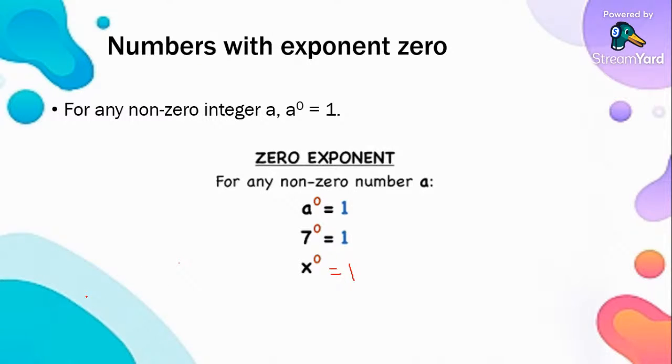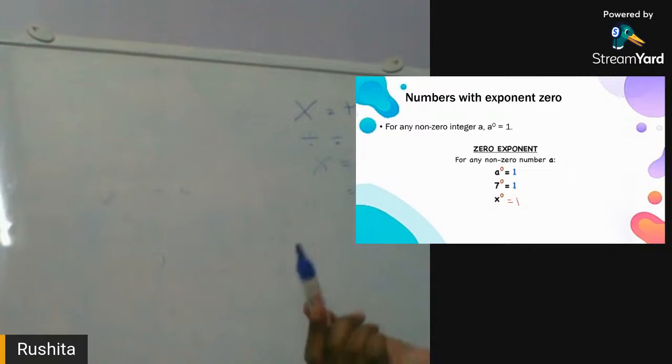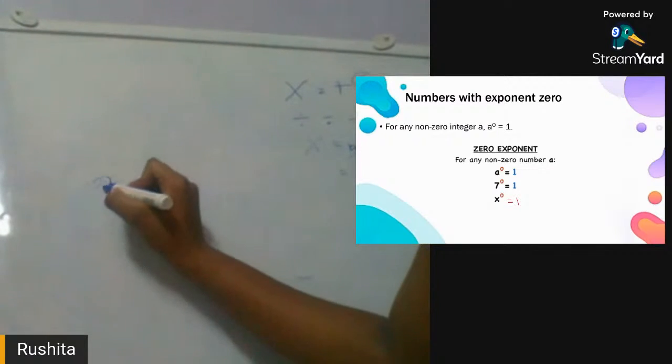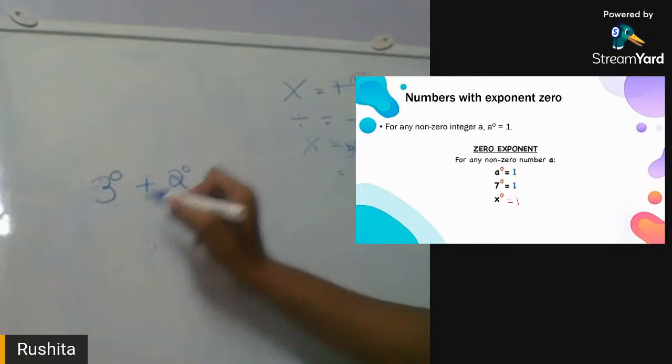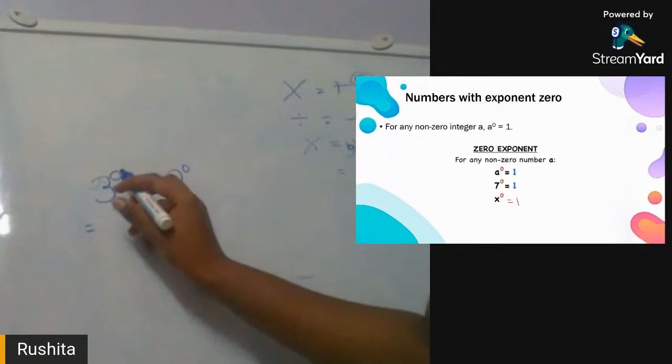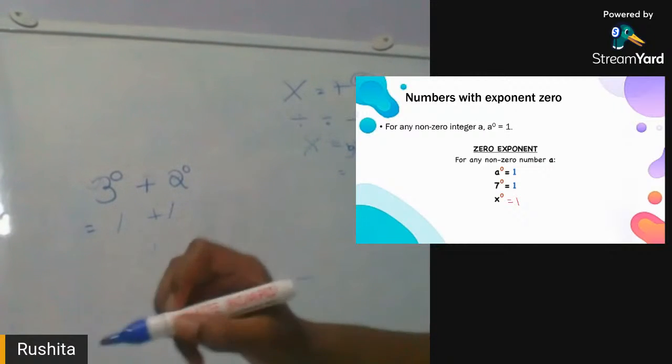Right? Right. Now let's have a different kind of example, which is 3 to the power of 0 plus 2 to the power of 0. Now what you're going to do is 3 to the power of 0 is 1, plus 2 to the power of 0 is also 1.